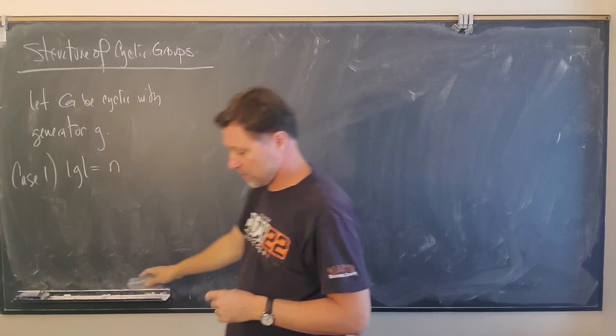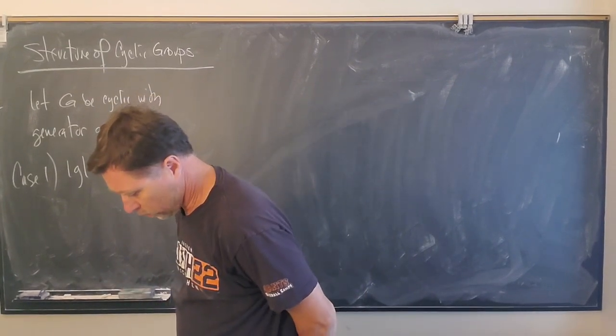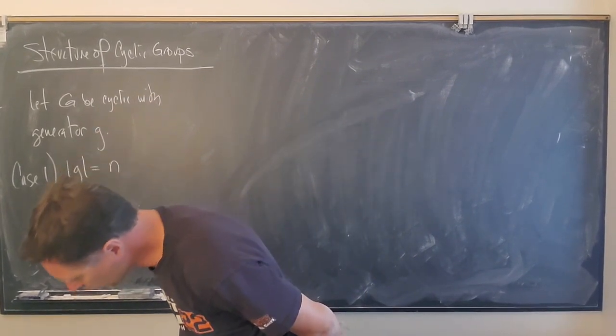So now we've got our second case, order of g equals n.